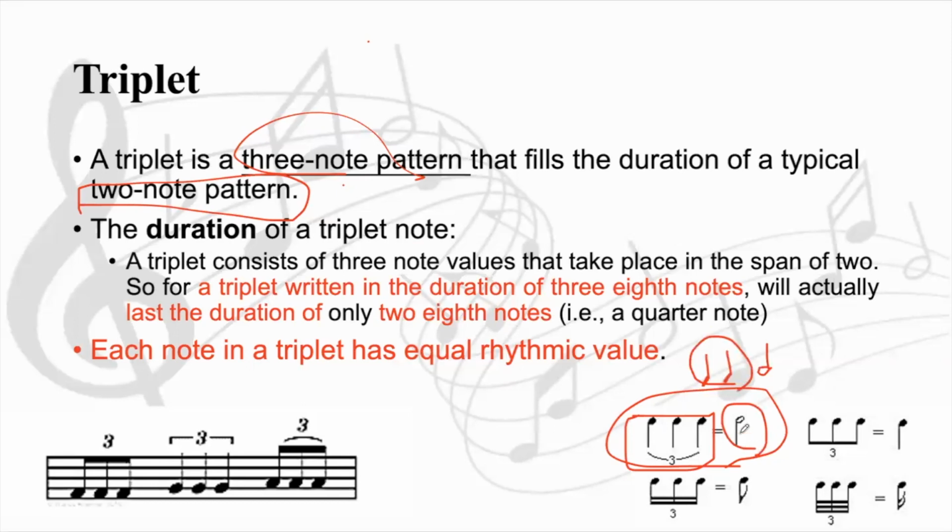So the duration of these 3, which we call a triplet, will be a half note. If here we have the quarter note placed as 1 beat, so these 3 will not be 3 beats. There will be only 2 beats.